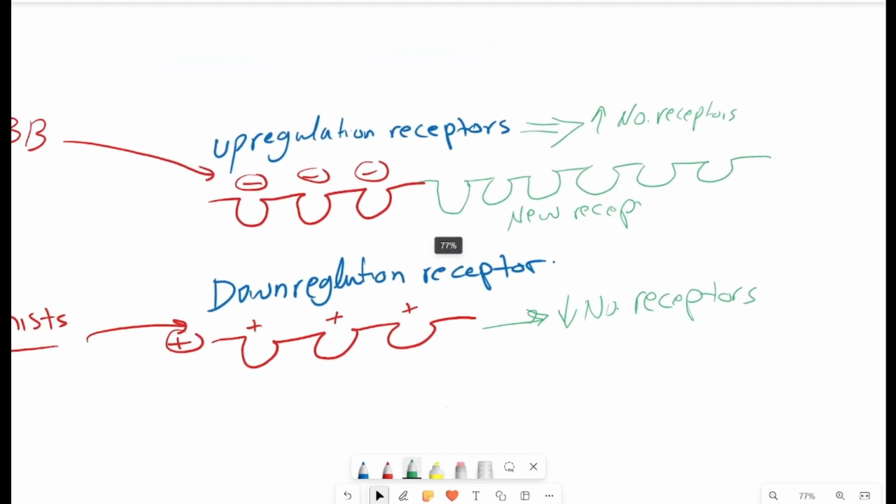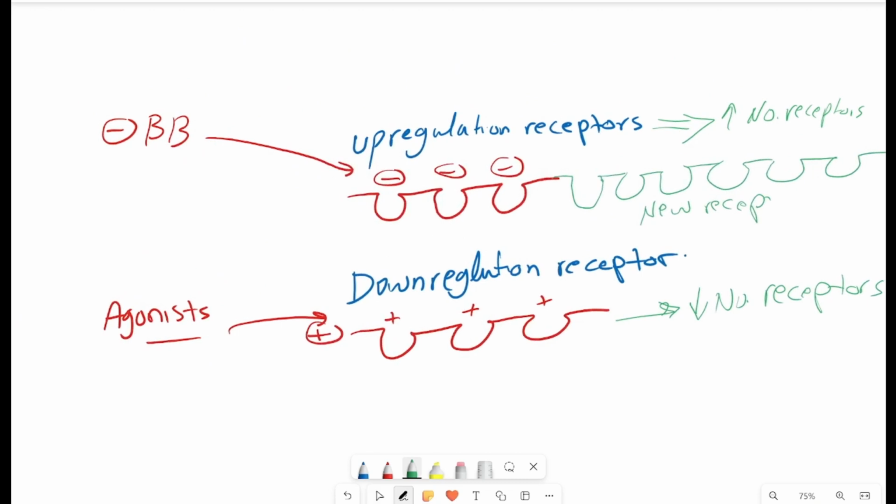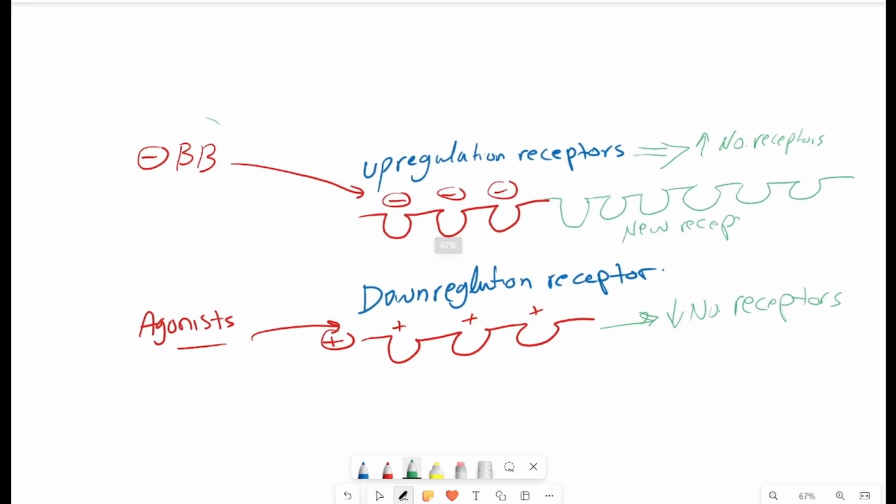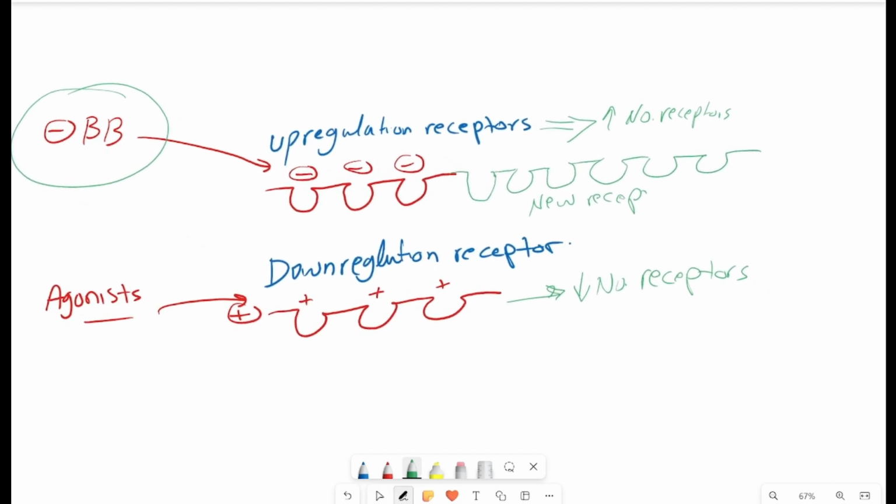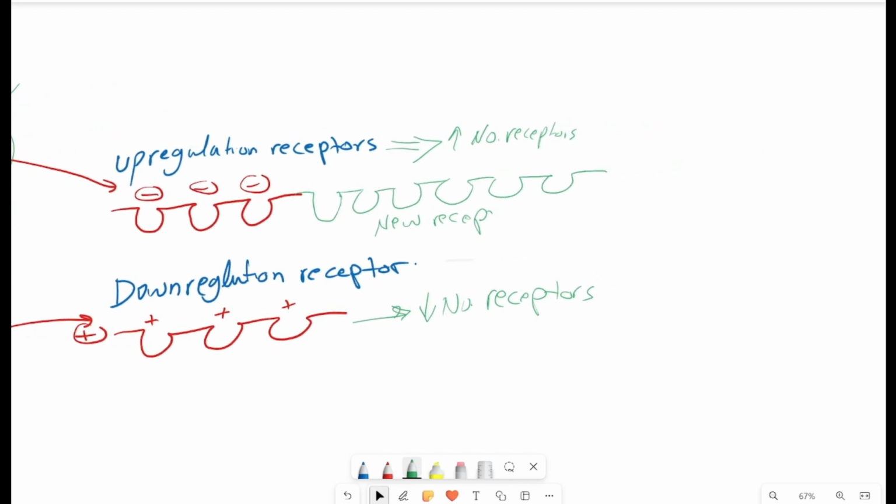I hope this makes sense. Now you can imagine the patient is already on beta blockers, and he has a lot of receptors generated, and you decide to stop the medication suddenly. What happens there? When you stop suddenly, all these receptors will be reactivated.